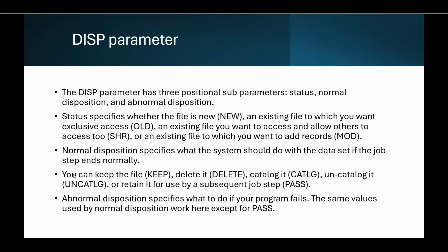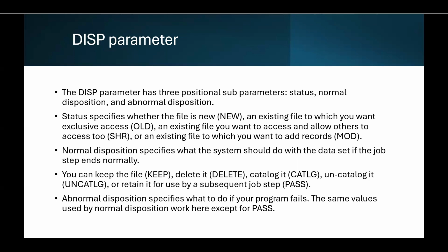The first one is, if you want to keep the file, then you need to write KEEP. If you want to delete the file, then you can write DELETE. If you want to catalog it, you can provide the CATLG keyword. And if you want to uncatalog it, then you have to provide the UNCATLG keyword. Or if you want to retain it for future use by a subsequent job step, then you need to write PASS.